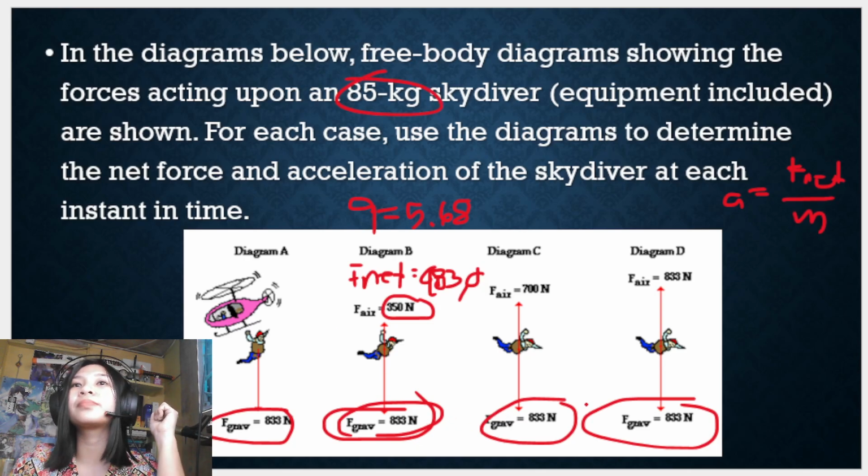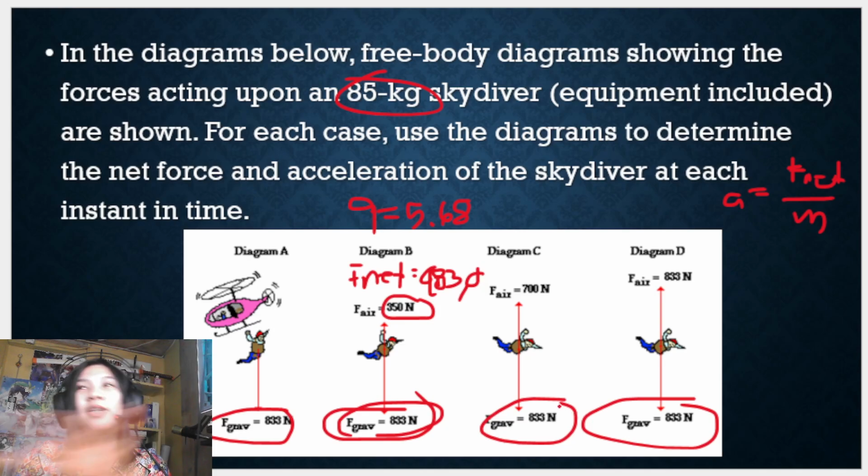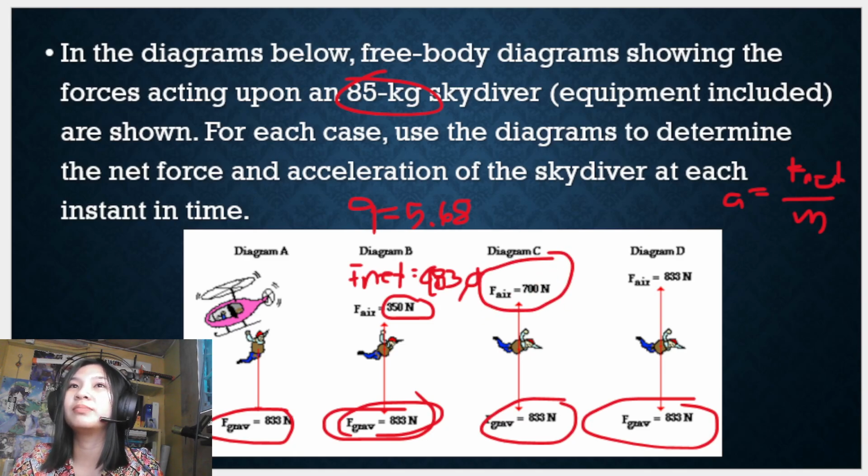Okay. Now, another time or another seconds passed, mas daghan pa siya air na encounter. So the force of the air becomes 700, and then iyahang gravitational force is 833 gihapon. So the F net here becomes 133.